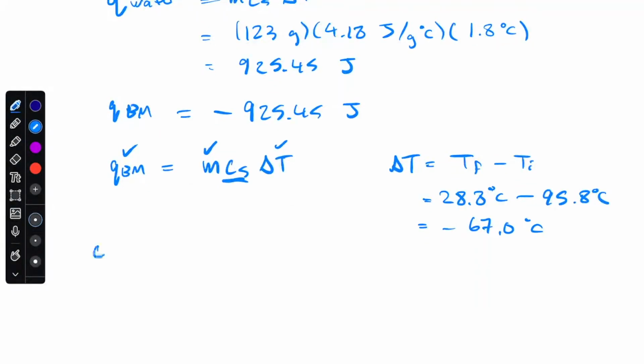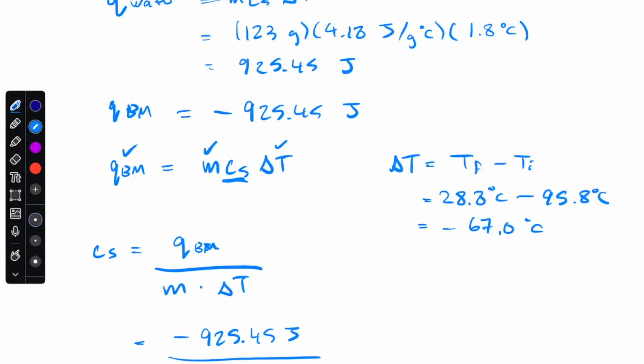So our CS is Q of Batman divided by mass times delta T, equals minus 925.45 joules divided by the mass, which I think we said was 28 grams, times the delta T, which is negative 67.0 degrees Celsius.